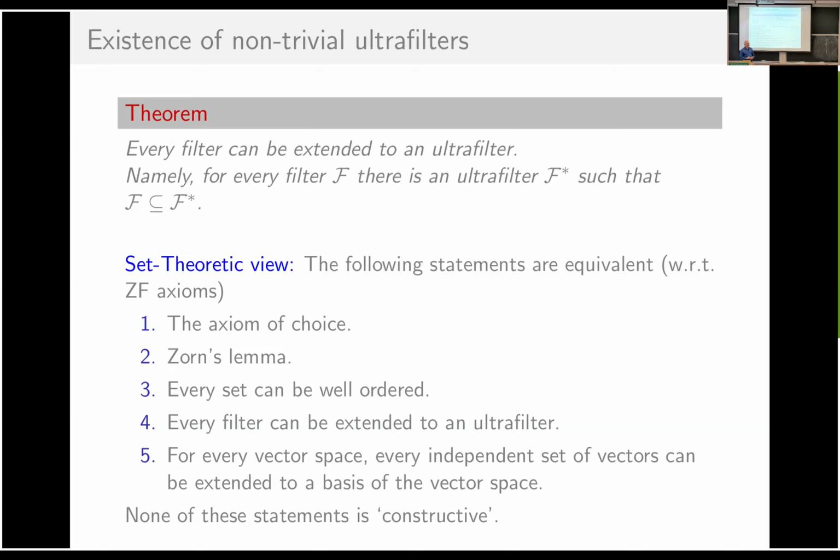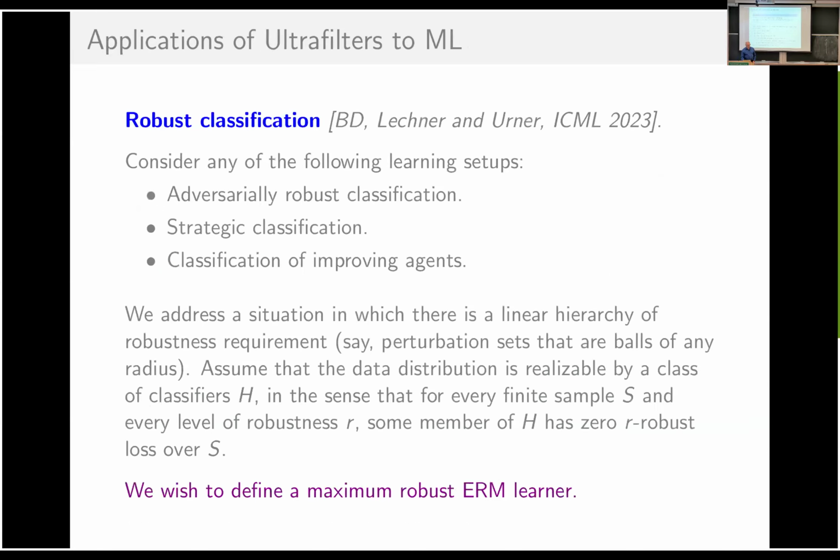Okay, so now comes the application to machine learning. So this is for robust classification. This is a paper that we had in ICML 2023. So what is the story here? In many different setups, we talk about a level of robustness.